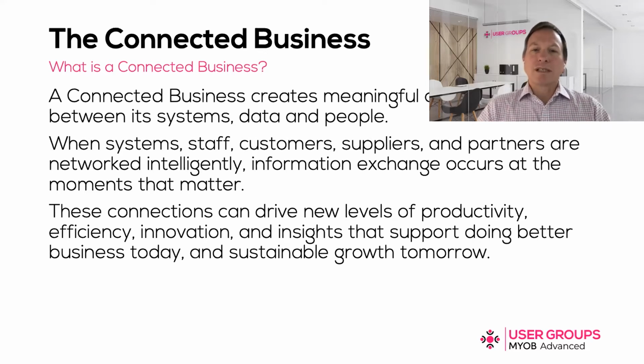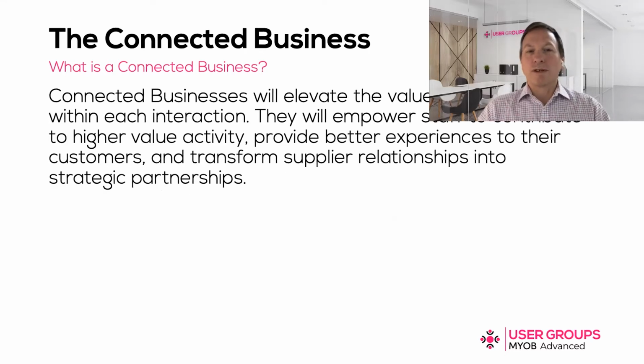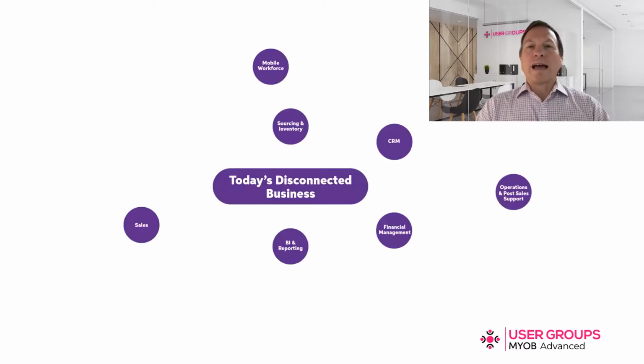But the connected business is really about a few points. Firstly, it is about recognizing these silos that we have in our organizations. Often we have these disconnected systems, duplicated data, manual entry between systems, and that causes all sorts of friction within our business. And we see this screenshot here of the disconnected business with all of these different silos of data separate and disjointed from each other.